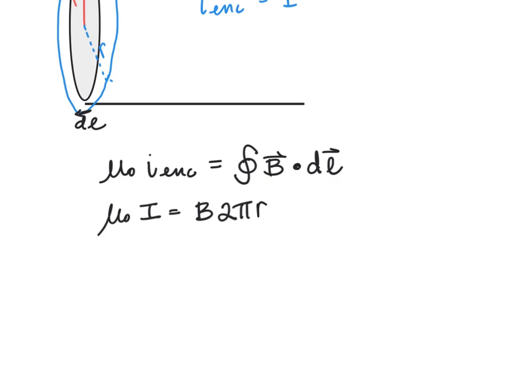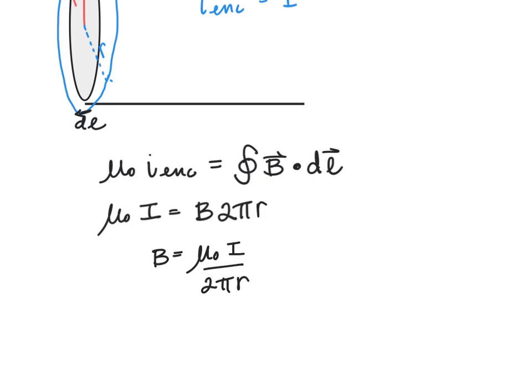Then when we solve for the magnetic field here, we end up with the magnetic field equal to mu naught I over 2 pi r.